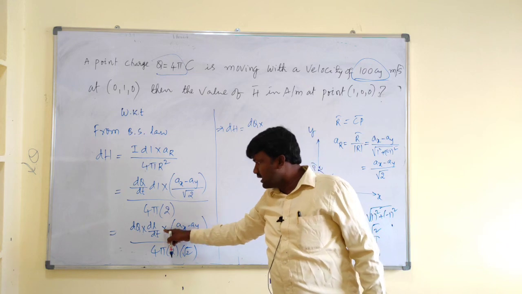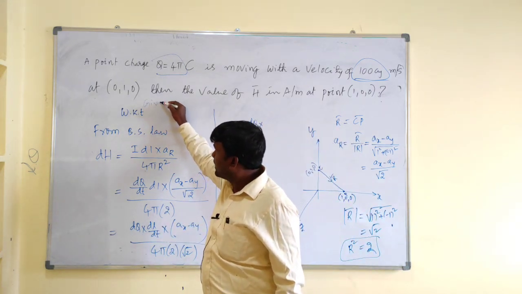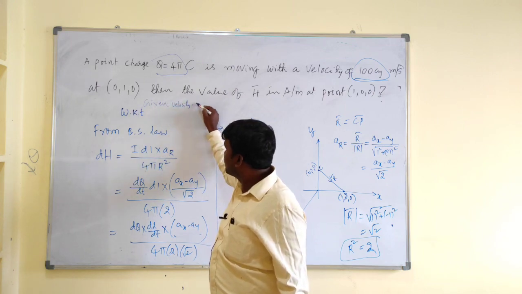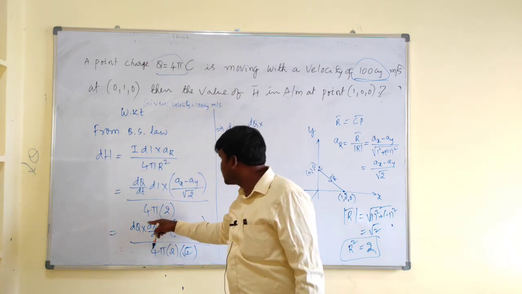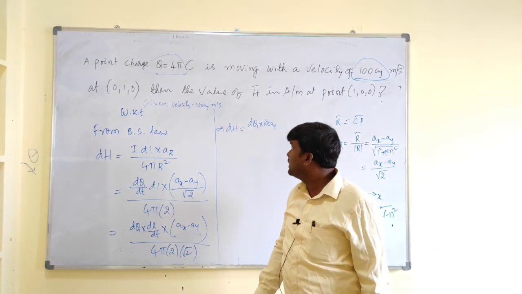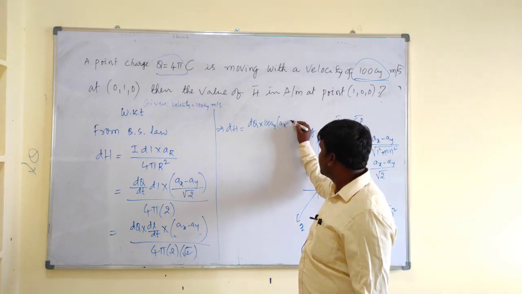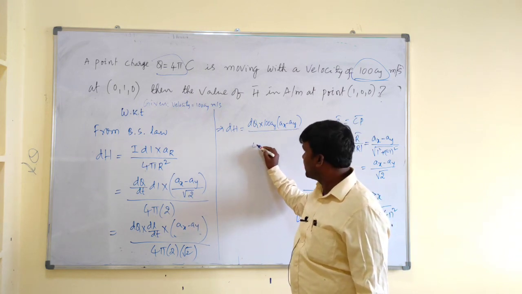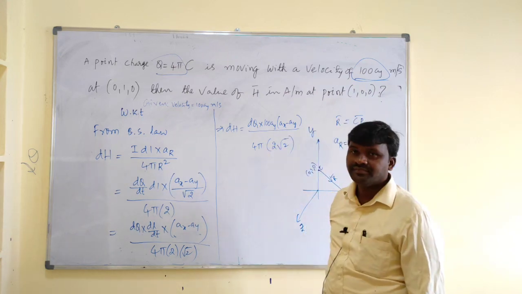So we can replace dl by dt with the given velocity, 100 a_y, into (a_x minus a_y) by 4π into 2 root 2. We can write it like this.